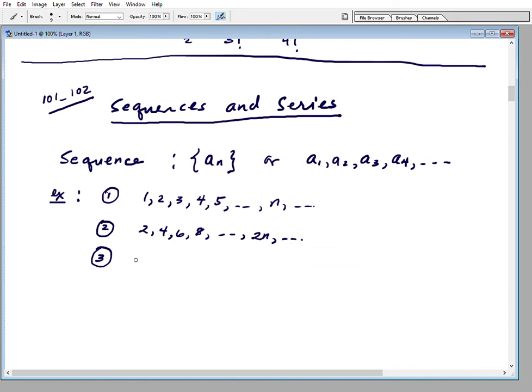Okay, here's another one. Here's some fractions, and you see what the pattern is. Just 1 over n. We keep increasing this by 1.